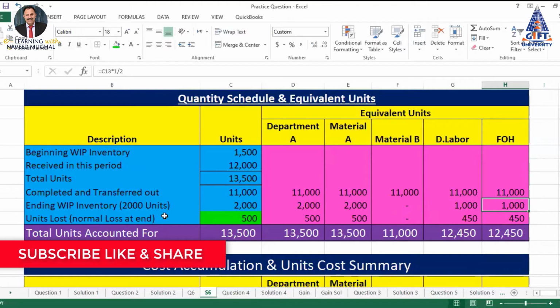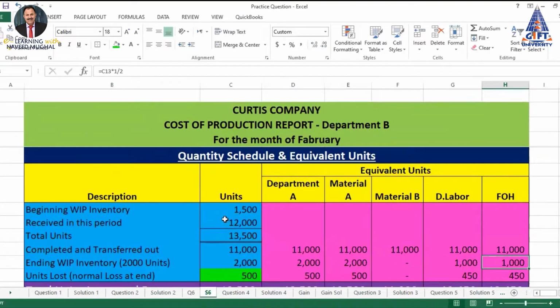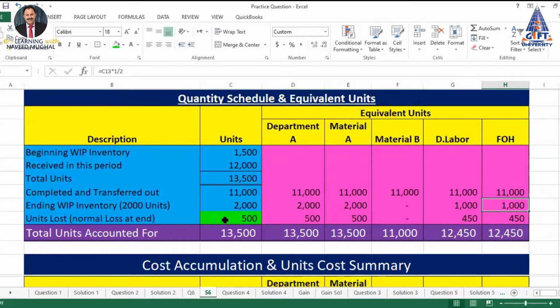And now let's see the normal loss, which occurred at the end of the process when we made the inspection at the stage of 90%. As per rule, in this situation, when there is a normal loss but units are identified at the end of the process, we will separate the loss. And this is the rule for separating the loss of the lost unit. We will include the lost unit in equivalent units.